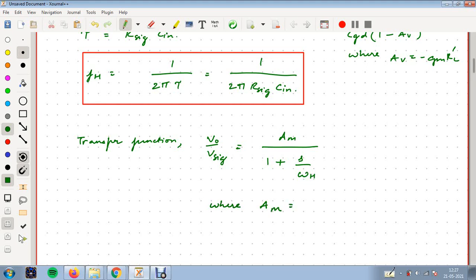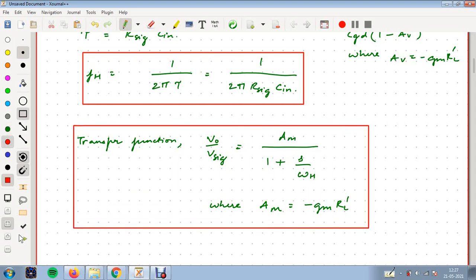In this case, AM is minus GM into RL prime. This is the transfer function of the circuit. Till here we have seen.